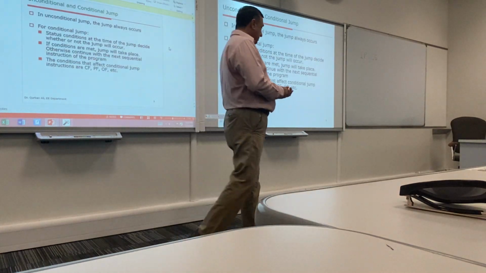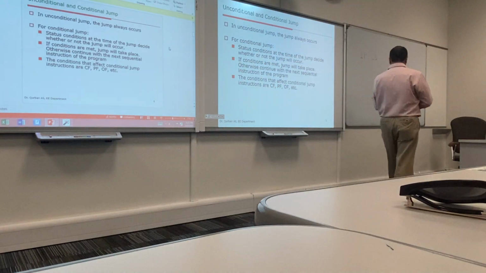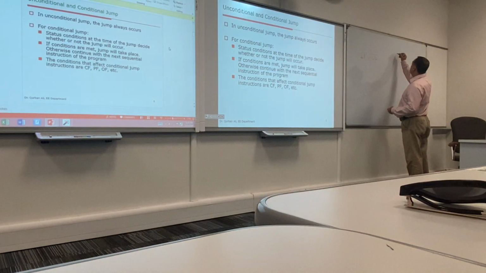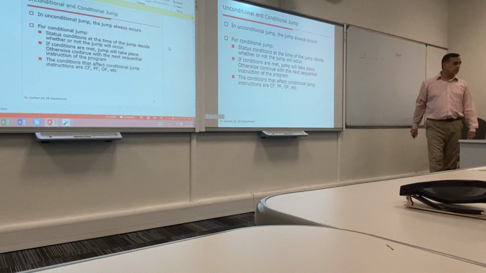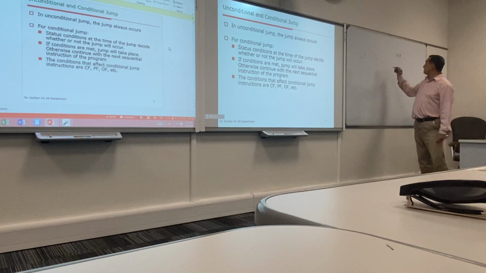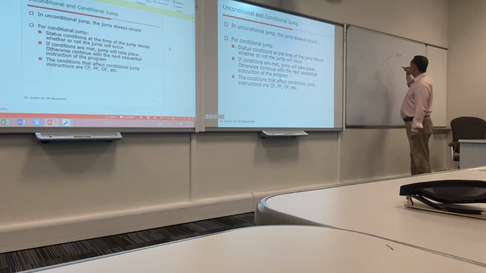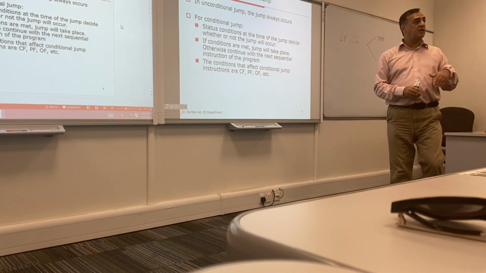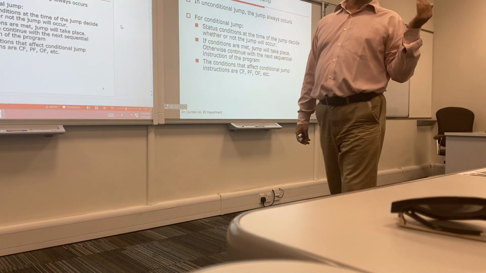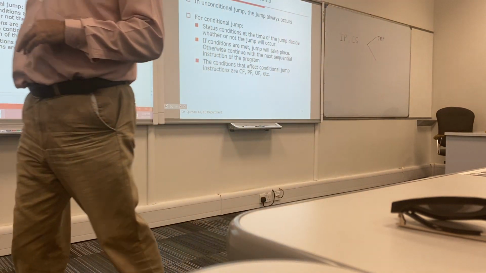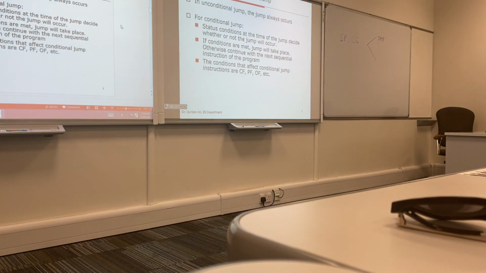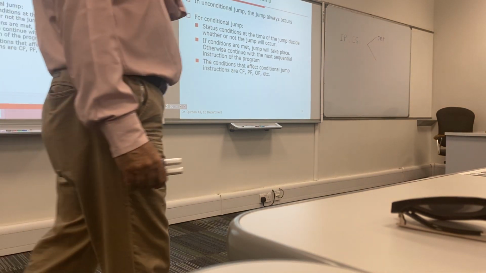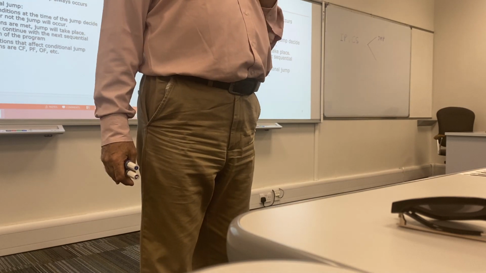Now there are two types of jumps. One is the unconditional jump. The other one is a conditional jump. Unconditional means when we say jump, the microprocessor will not calculate anything, it directly jumps to the instruction.